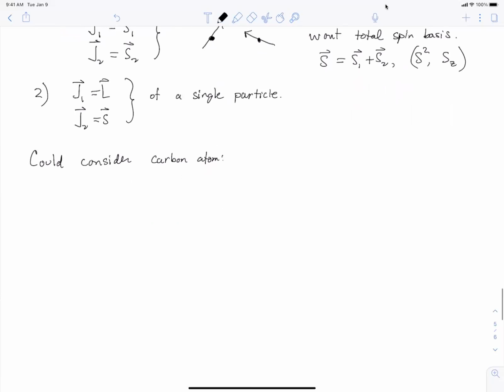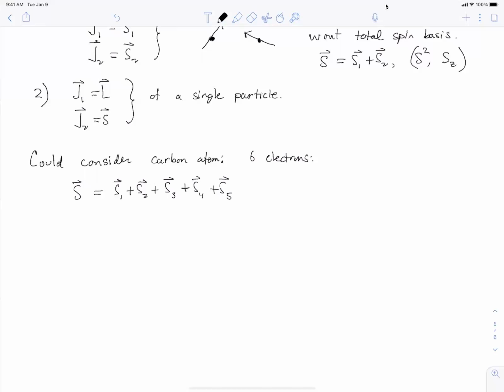For the carbon atom, there are 6 electrons. So there's the total spin, which is S1 plus S2 plus S3 plus S4 plus S5 plus S6. And there's the same thing for orbital.